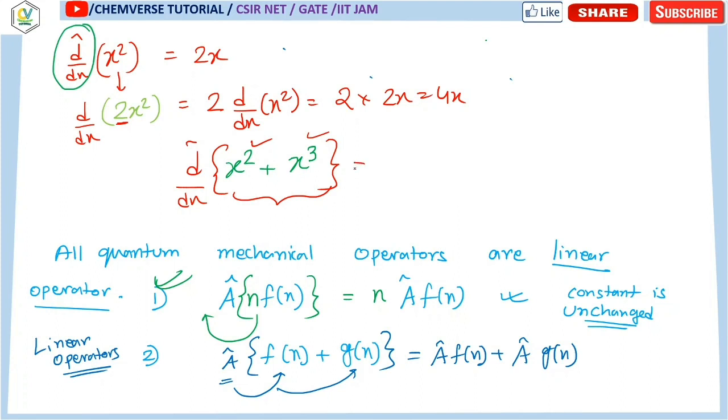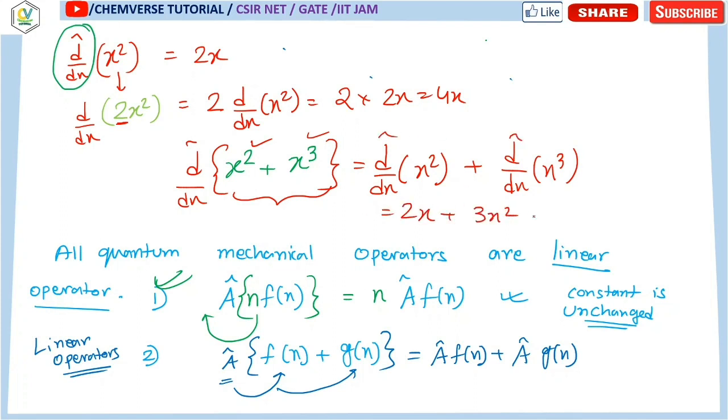Now you know it is a formula from the derivative that you can easily separate this one, like d/dx can operate over here plus d/dx can operate over here. So in this way you can write it, it is 2x plus 3x square. So this is the answer. In this case, the second condition of being a linear operator is also satisfied by d/dx. So you can say that d/dx is a linear operator.